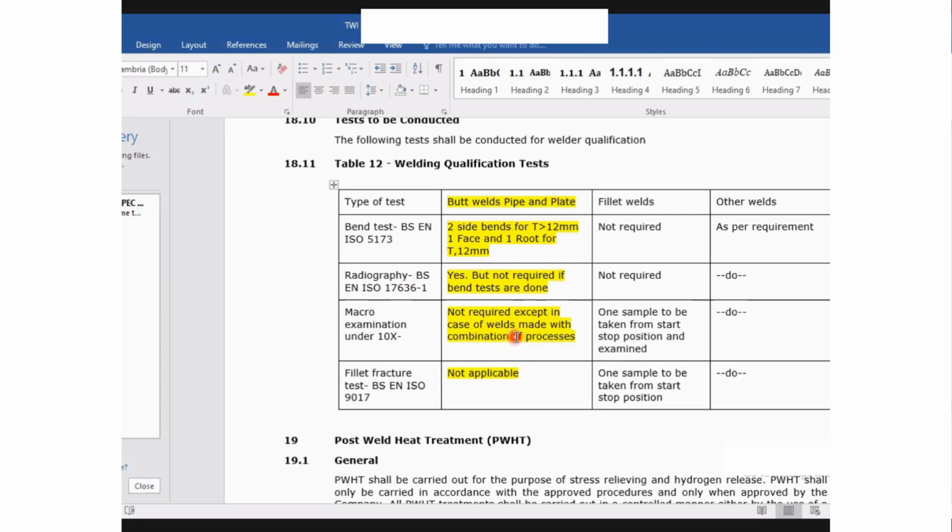Combination process meaning compound, or maybe combination process here referring to TIG with MMA, TIG with other process. So that is combination. But in our questions, they say only using TIG. So meaning macro is not required because of only single process. Macro required when they use different, maybe 2 process, TIG, MMA, that's combination, right?